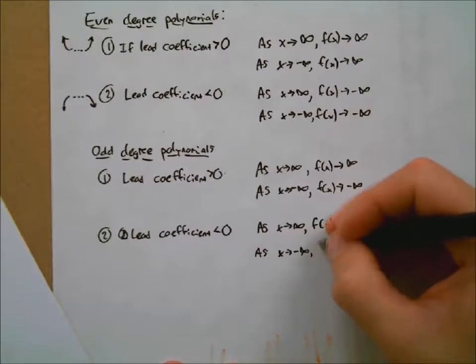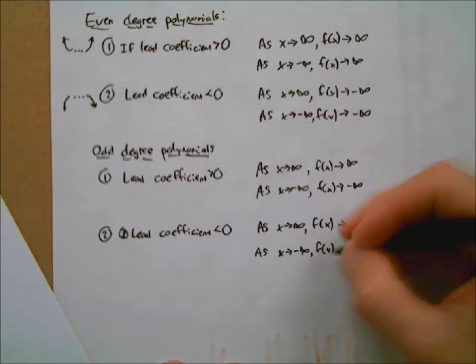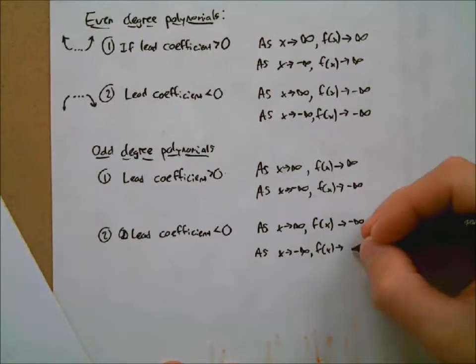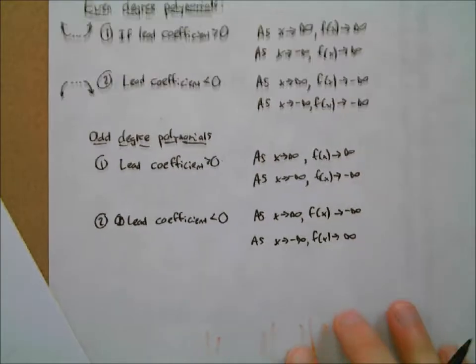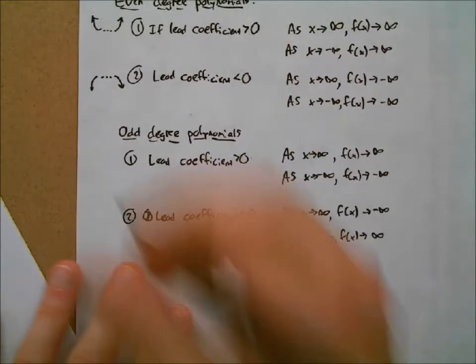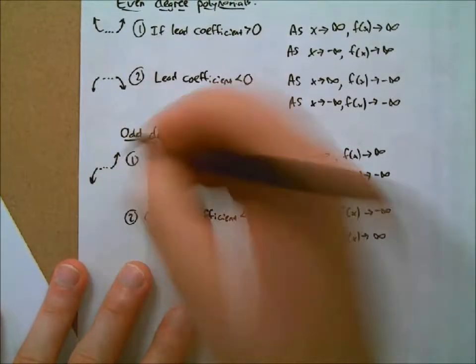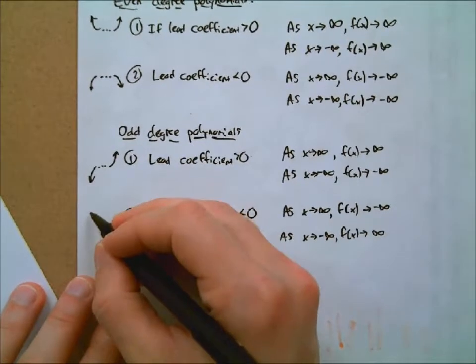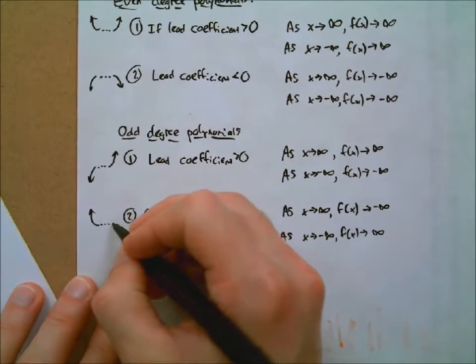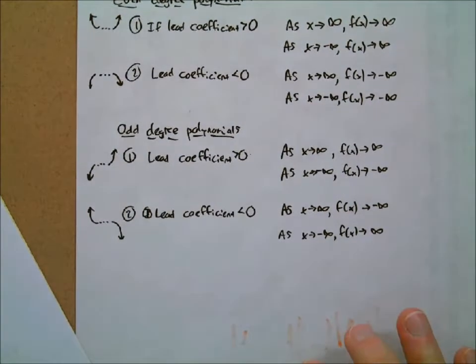And as x approaches negative infinity, f of x will approach positive infinity. And again, this would be like something like that. The dots are there because there's stuff happening between, but we're just worried about that end behavior.